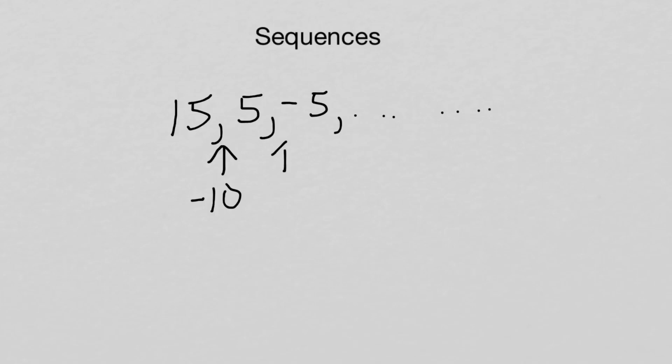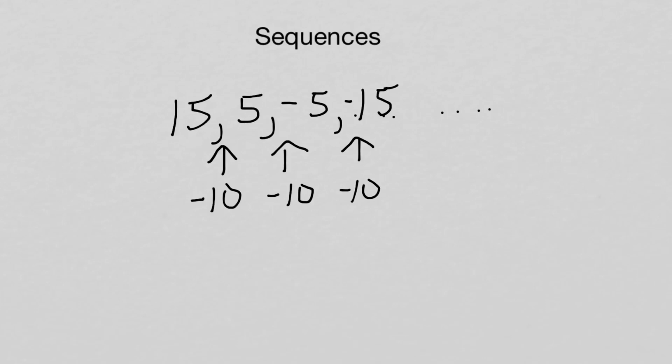Let's check it on this next one. 5 to negative 5, that's also negative 10. So if we were going to go again, another negative 10, the next in the sequence would be negative 15. So we just keep adding negative 10 or subtracting 10, however you want to look at it.